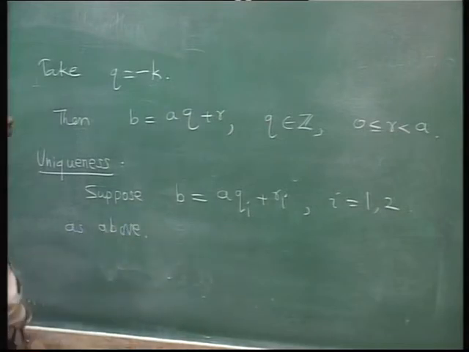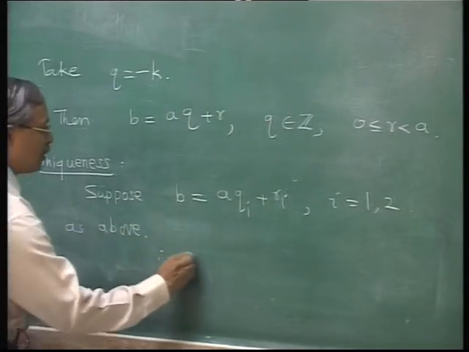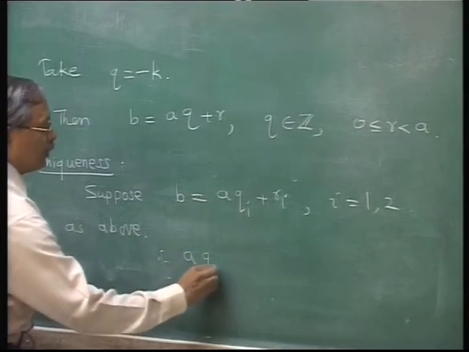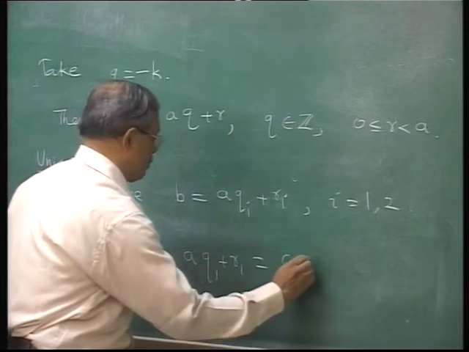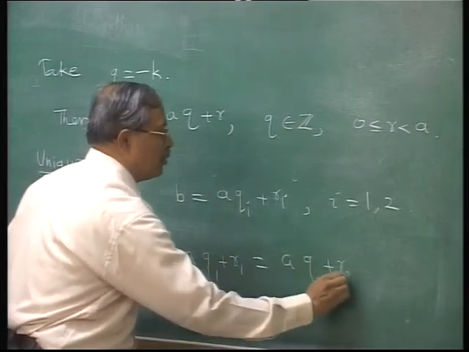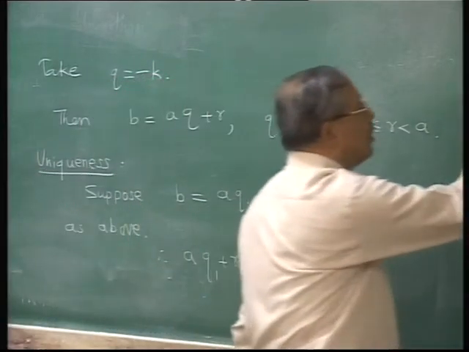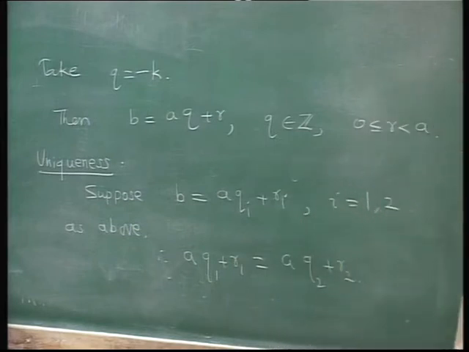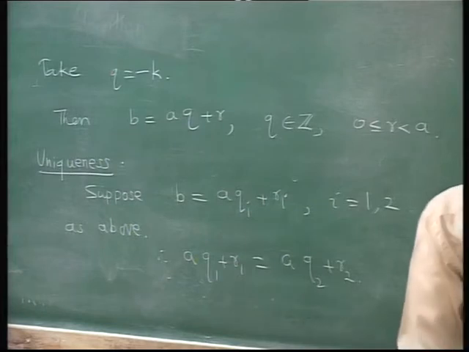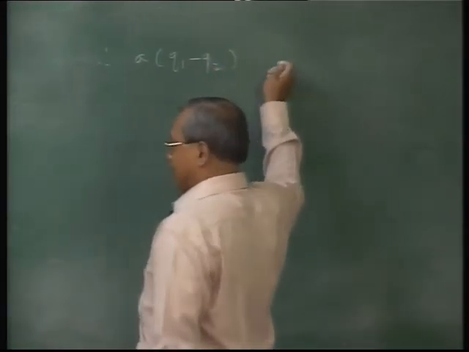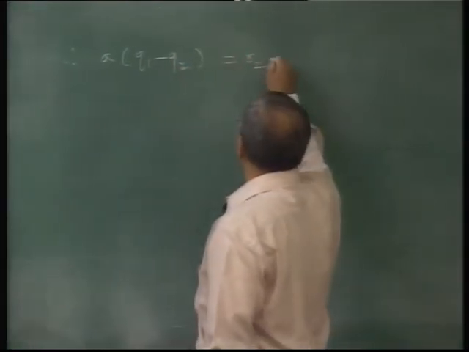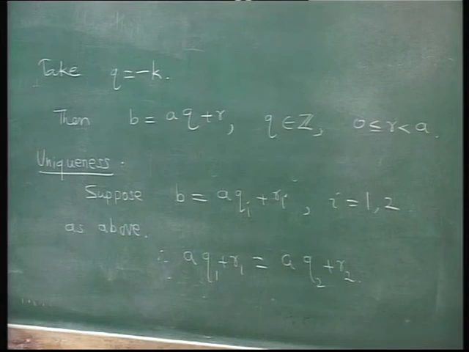Now you take a times q1 plus r1 equal to a times q2 plus r2. And therefore a into q1 minus q2 is equal to r2 minus r1.